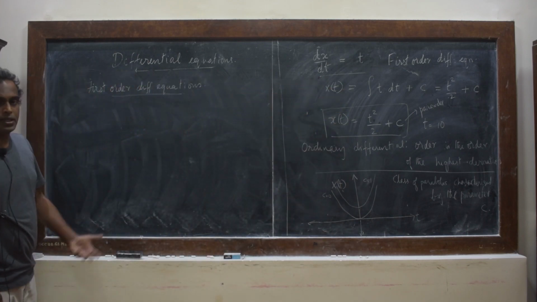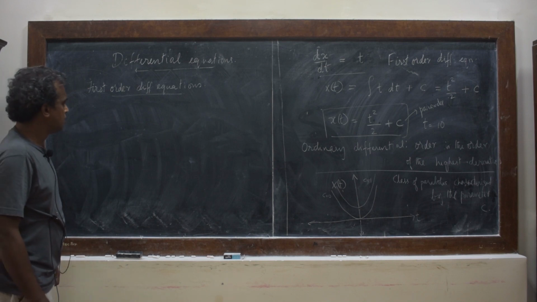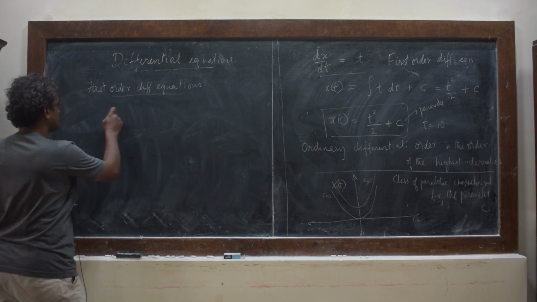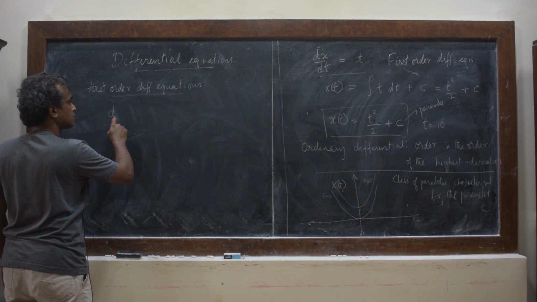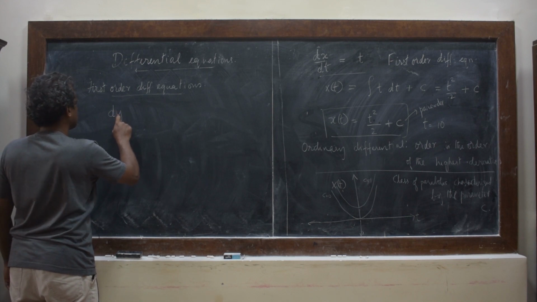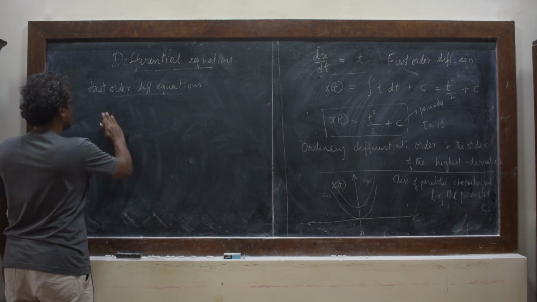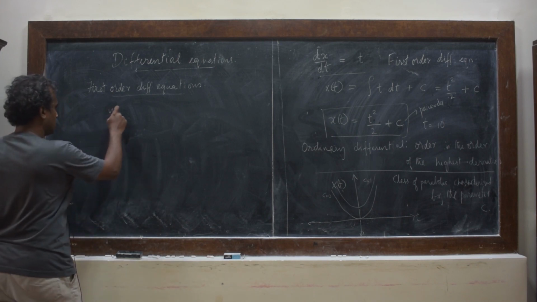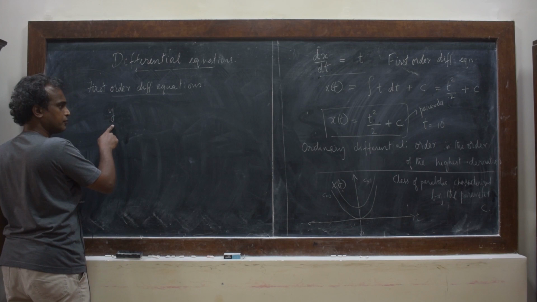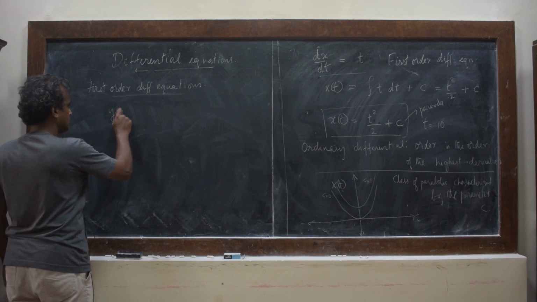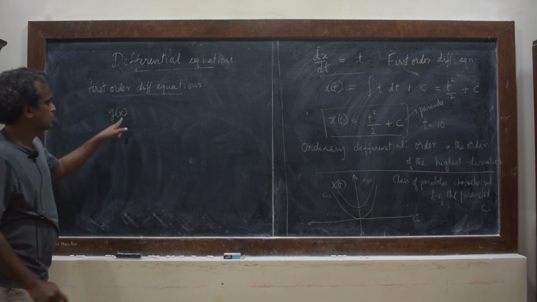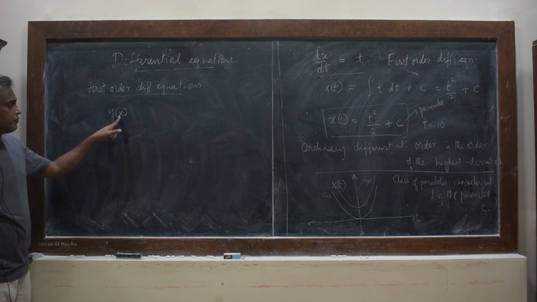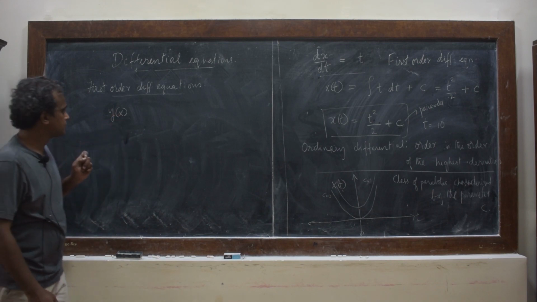A general statement of a first order differential equation would involve a first order derivative of the unknown function, which I will choose henceforth as y, as a function of a variable which I will choose as x.